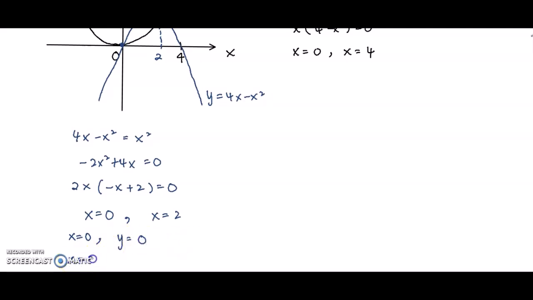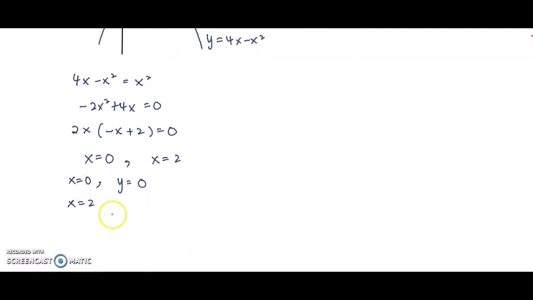When x equals 2, y will be equal to 4. So the coordinates of the intersection points, to answer the question, the first one is 0, 0, and the second point is 2, 4.